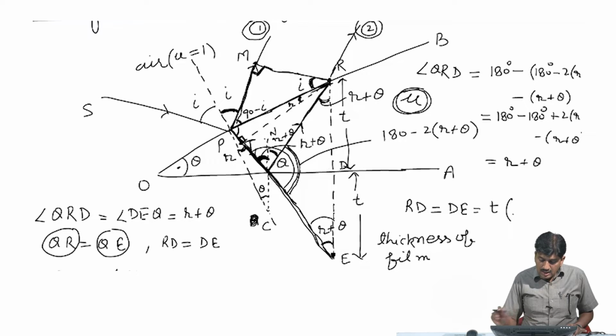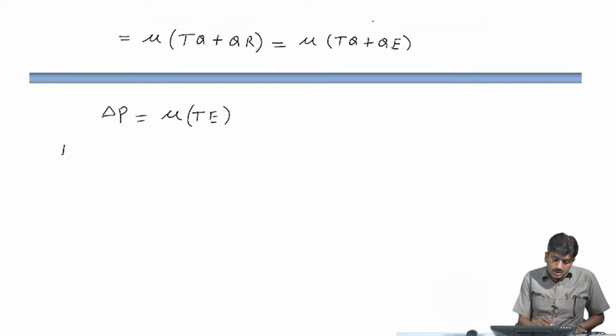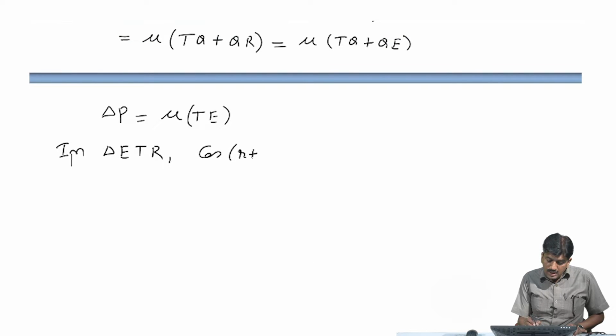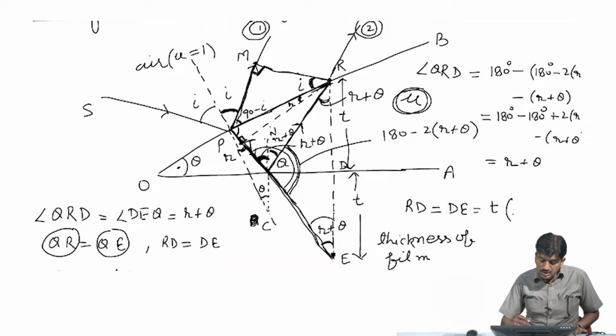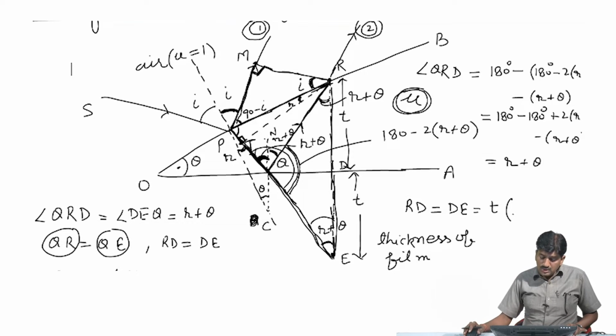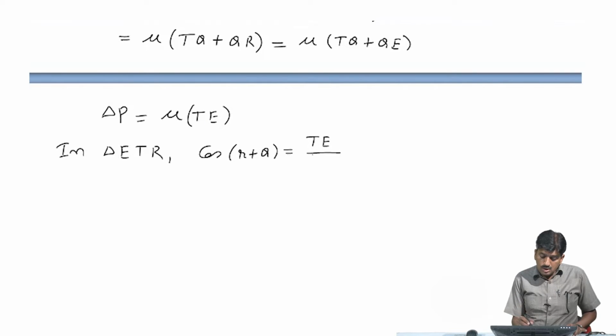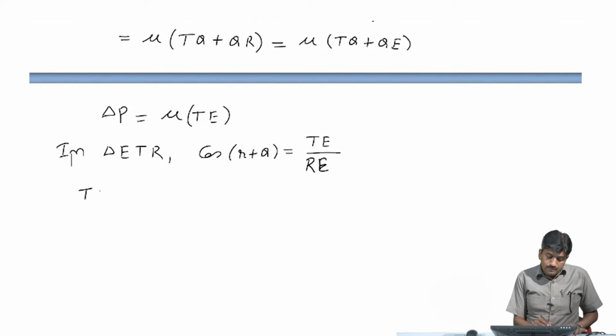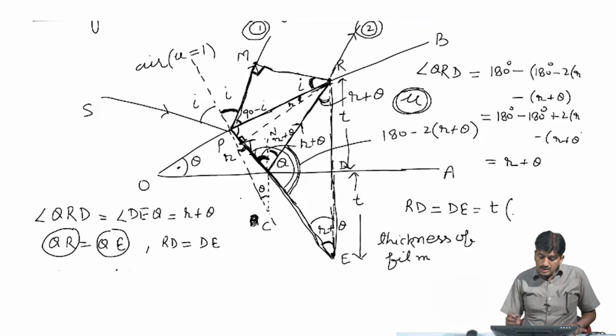In triangle ETR, cos of R plus theta should be equal to TE upon RE, this line RE. So TE will be equal to RE cos R plus theta, and we know that RE is equal to RD plus DE.